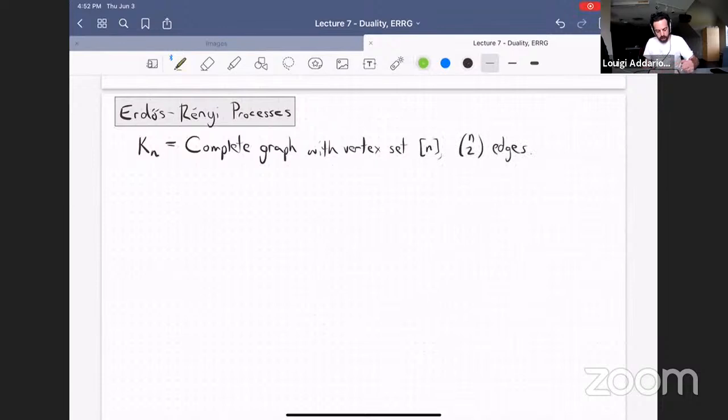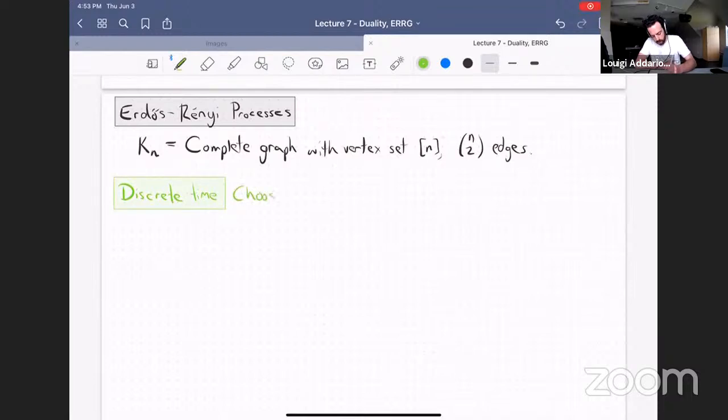Now, almost right from the outset, there were 2 versions of the Erdős-Rényi process defined. One in discrete time, and for this one, you simply choose a random ordering of the edges and add them in that order.